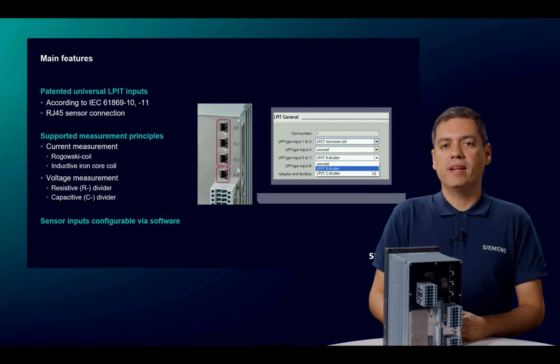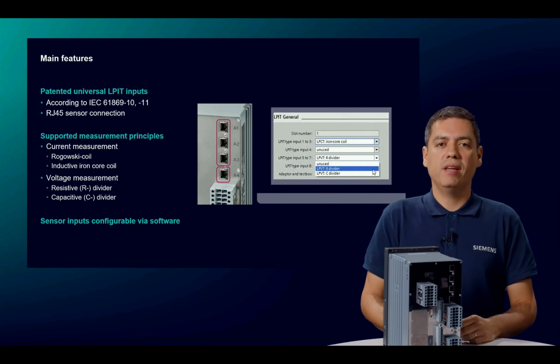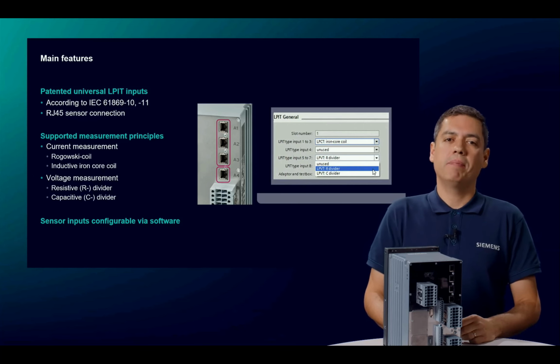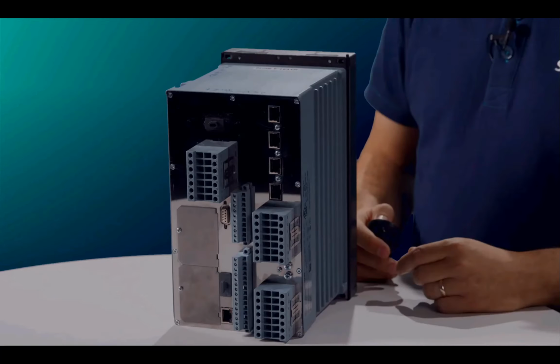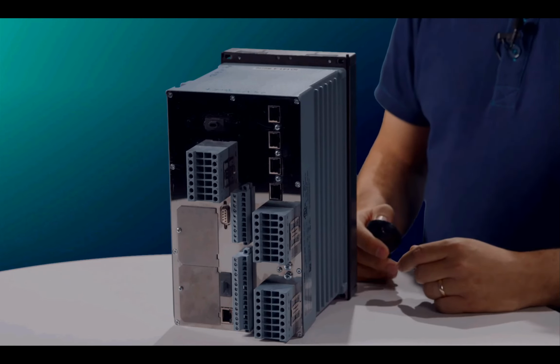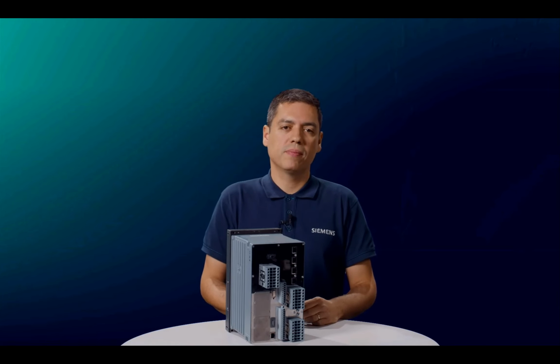If you look at the 7SY82 from the back, you will notice the 4 RJ45 sockets at the point where the current terminal block used to sit to connect conventional current transformers. These RJ45 sockets are used to connect the non-conventional current and voltage sensors.